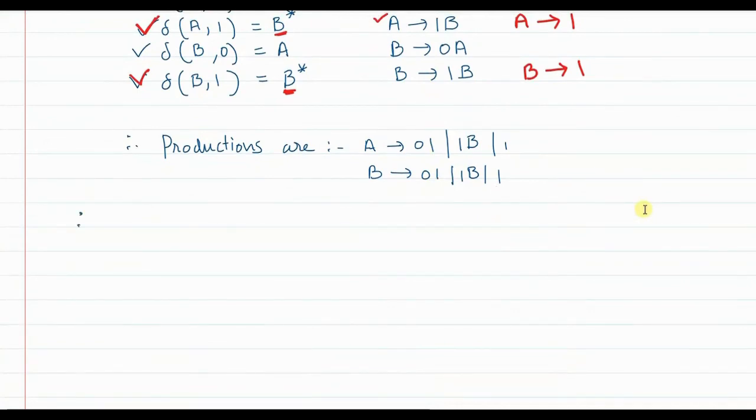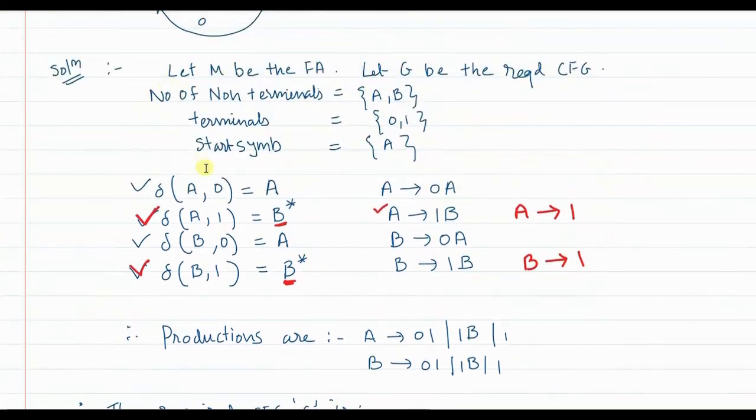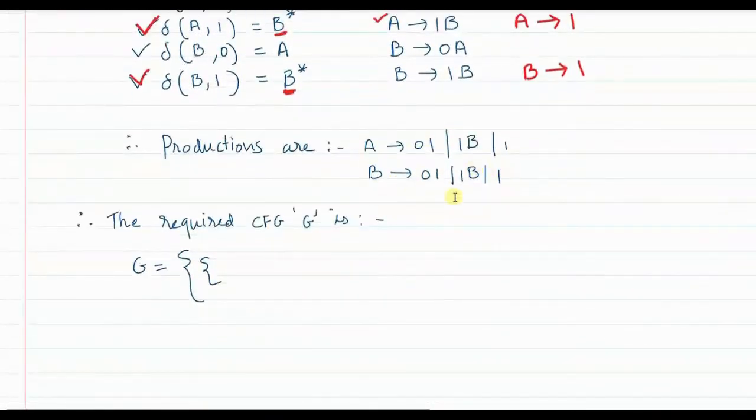Therefore the required CFG is G equal to, what are the set of variables? Now you see the productions and tell me. So set of variables here is capital A, capital B. What are the terminals involved in these productions?